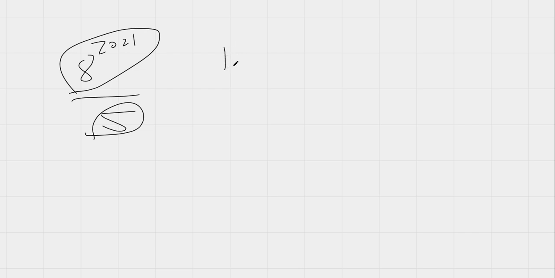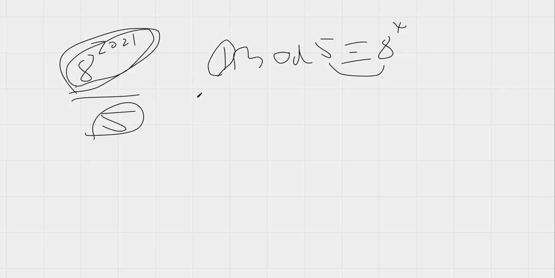Let's try 1 mod p, which would be 5 in this case, because 5 is the number we're dividing by, must be congruent to 8, which is relatively prime to 5, to the fourth, because it has to be 5 minus 1, right? So 1 mod 5 is congruent to 8 to the fourth. So that means that whenever we divide 8 to the 4 by 5, we're going to result in a value of 1.